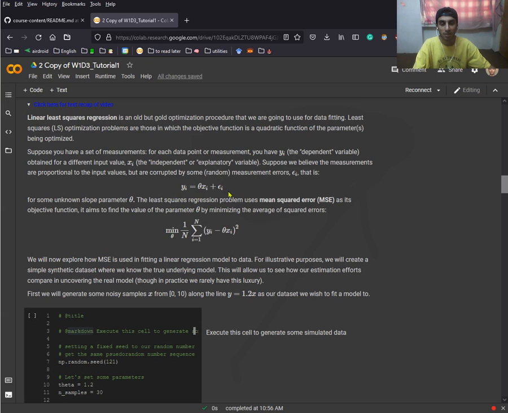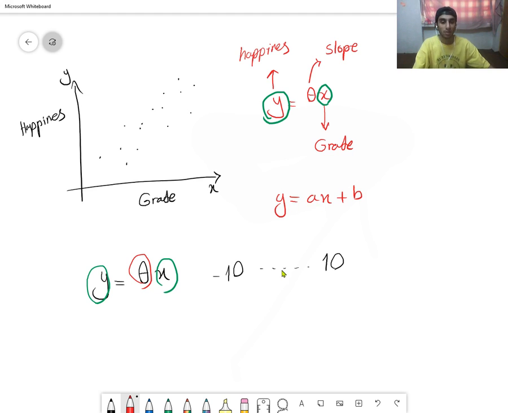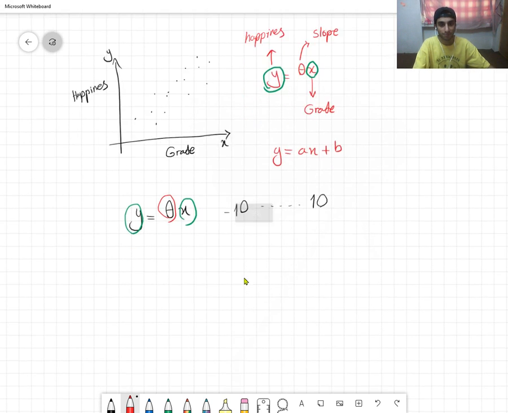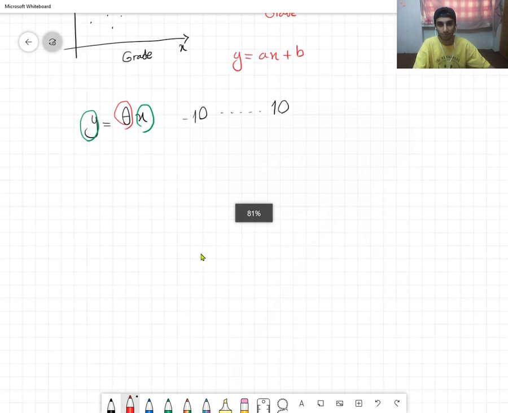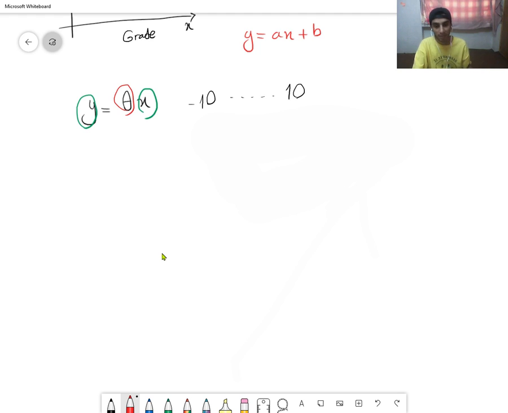Okay, here we see again the equation, and here is the concept of MSE, or mean squared error. What is MSE? To directly and mathematically find the best theta, we can use mean squared error, which stands for MSE.